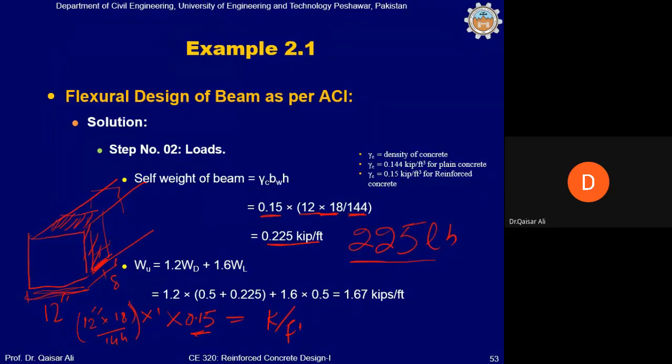Okay, what is the weight of a normal person, the average weight of a person? 65 kg. In pounds?